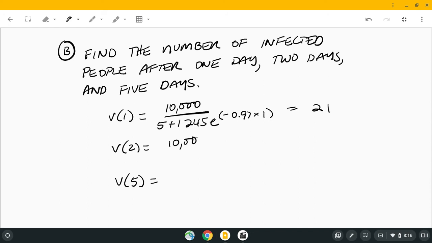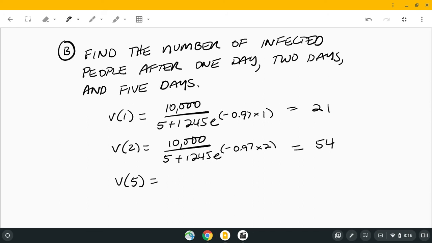After 2 days, with 10,000 over 5 plus 1,245 e to the negative 0.97 times 2, this turns out to be 54.